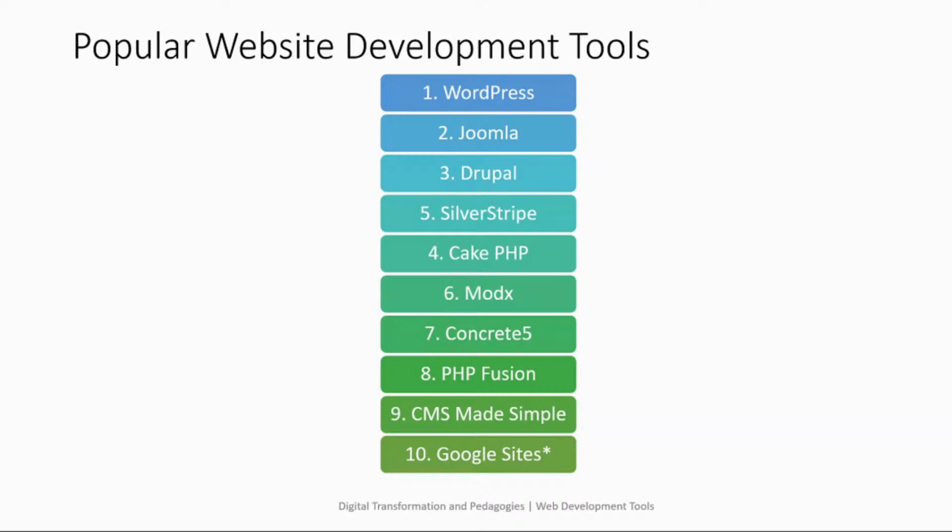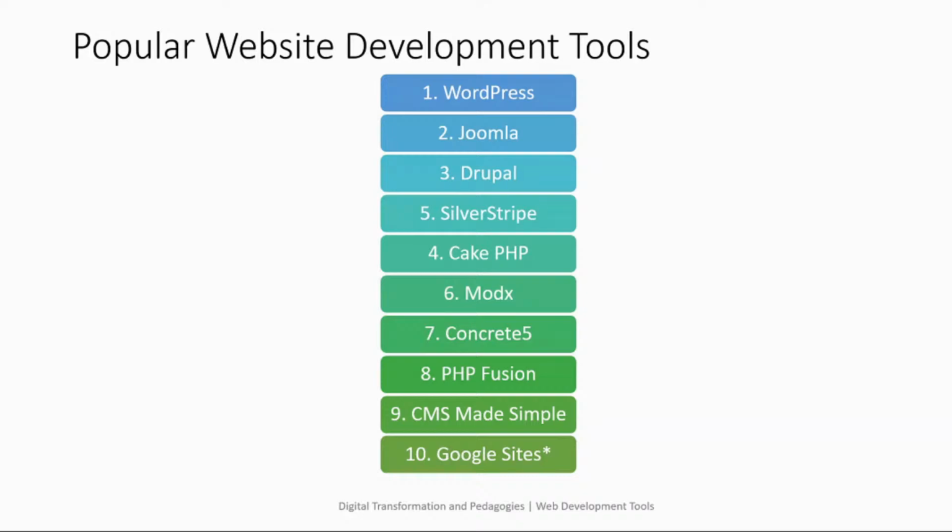And then there is Google Sites. I made an asterisk because Google Sites is based on Google technologies, whereas all the remaining ones are built using certain tools mentioned in my previous slide.